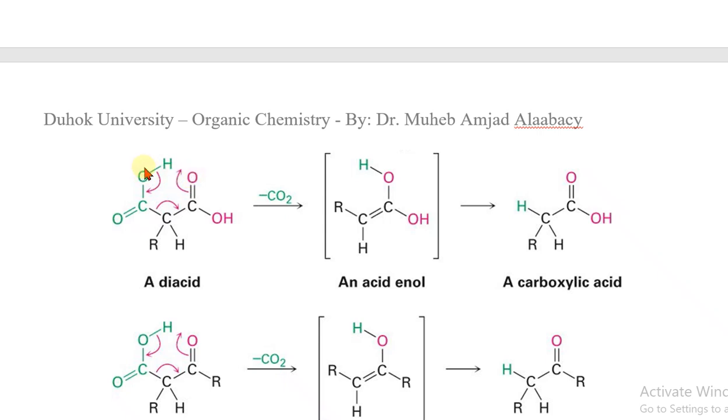So we lose this part, oxygen, carbon, oxygen, as carbon dioxide, to give you the enol form. This enol form directly goes to the keto form, like a proton transfer from here to here, to give you a carboxylic acid.